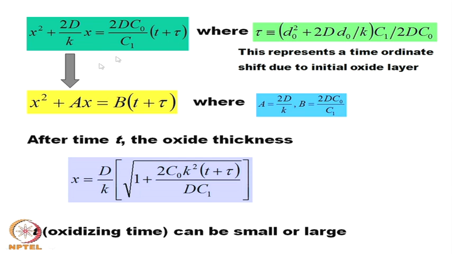Now, this can be written as x square plus a x equals b into t plus tau. So that means this 2 D by k is replaced by a, and b replaces 2 D C0 by C1.